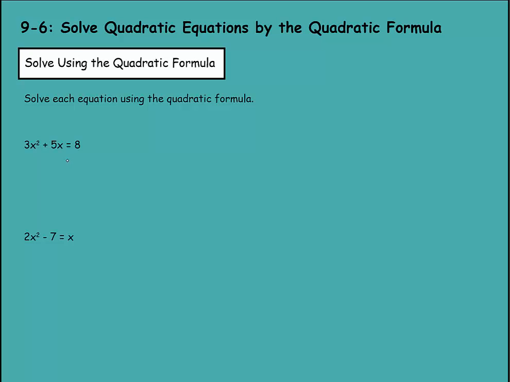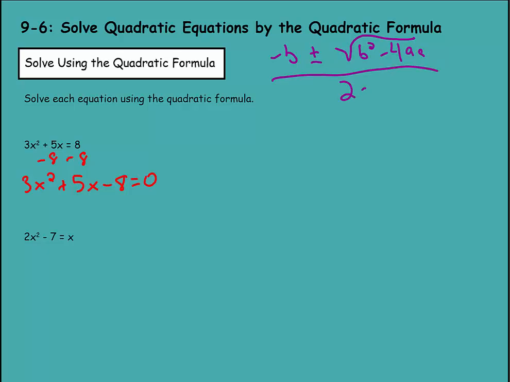Well, first let's write this as an equation where the other side is 0. So I subtracted 8 here. We have 3x squared plus 5x minus 8 now equaling 0. We'll write the quadratic formula up here: negative b plus or minus the square root of b squared minus 4ac, and that's over 2a.